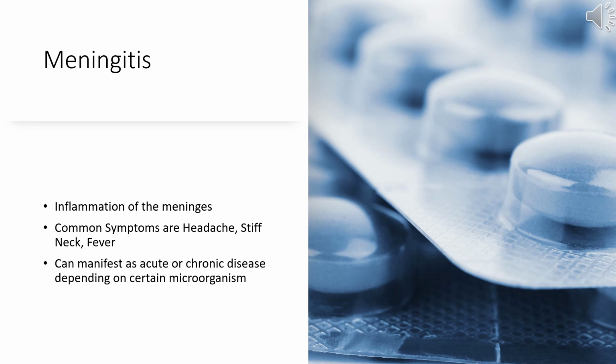There are a lot more symptoms, such as photophobia and increased WBC in the CSF. It really depends on the type of microorganism causing the meningitis as to what the characteristic symptoms would be. It can manifest as acute or chronic disease, depending on which organism is causing the meningitis.